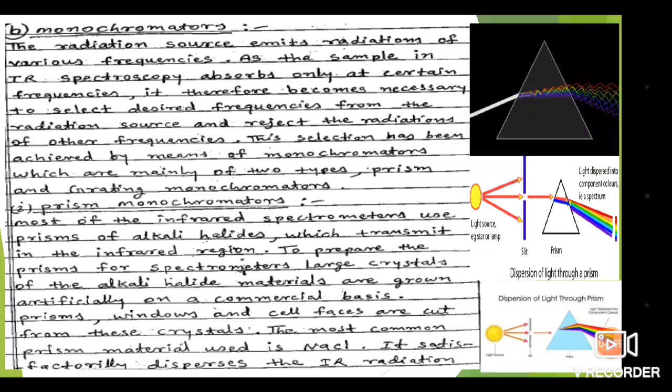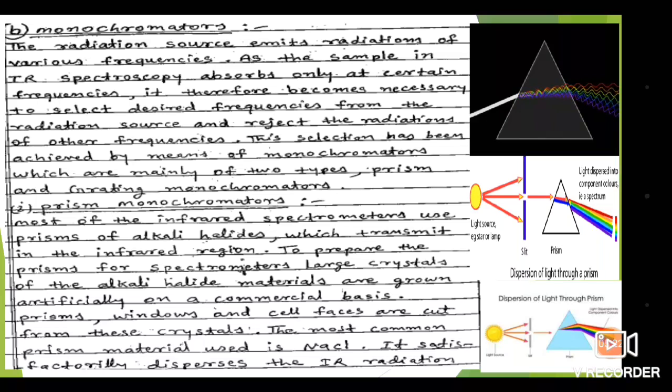So only certain desired frequencies are required, and these desired frequencies are obtained from the instrument known as a monochromator.